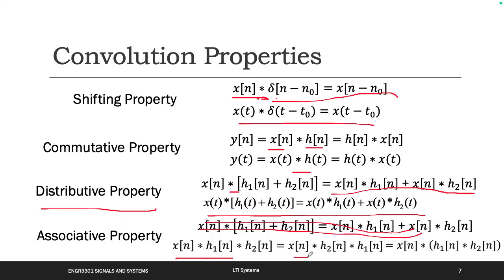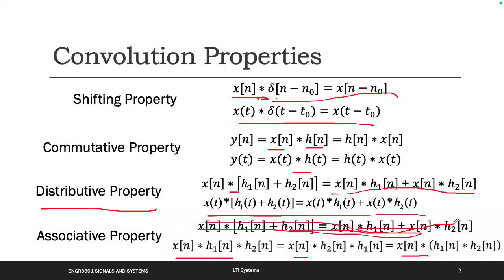You can convolve x[n] with h2 first, or you can convolve x[n] with h1 and then h2. It's a similar thing. Here I just want to put the CT signals: x(t) convolved with h1(t) convolved with h2(t) equals x(t) convolved with h2(t) convolved with h1(t). So I will change it later. If you have any questions, just let me know.